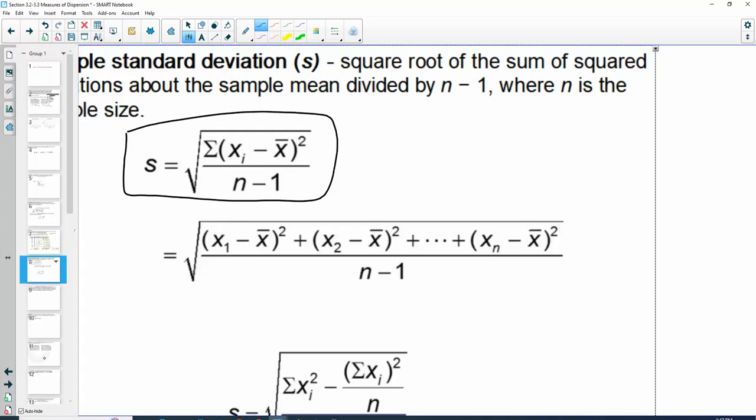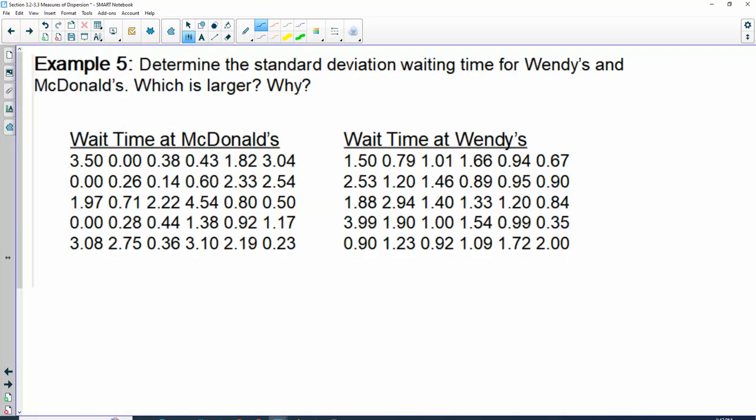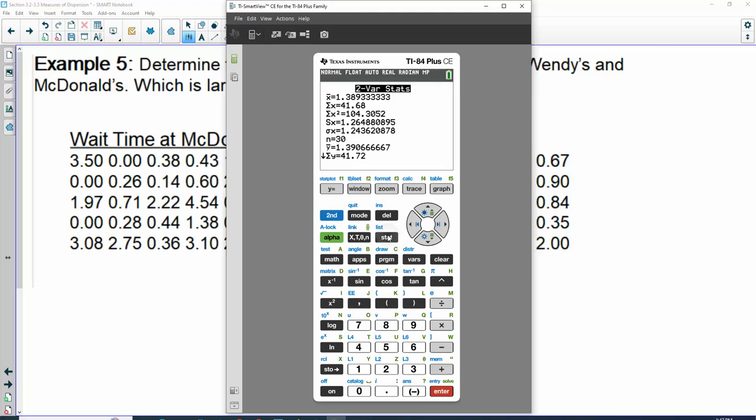If we want to do this one on our calculator, since it's a sample, we are going to look for that S. So if you go back into your stat calculate, let's do our 2 variable statistics. So X is still L1, Y is still L2.